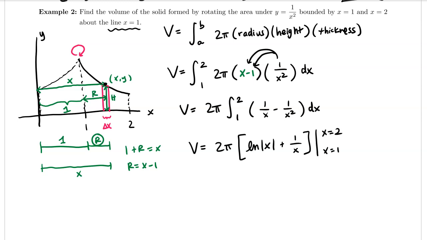So I've gone ahead here and taken the antiderivative, and we want to evaluate this at x equals 2 and x equals 1. So I have the natural log of, now that I'm plugging in a positive number, I can just drop the absolute value signs.